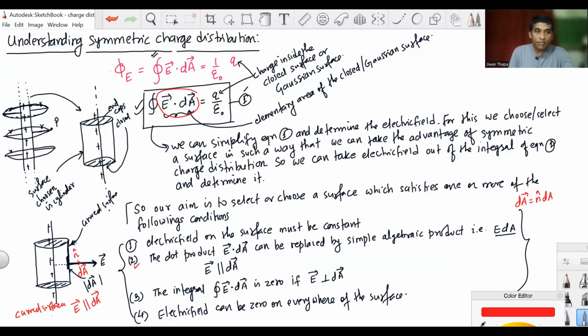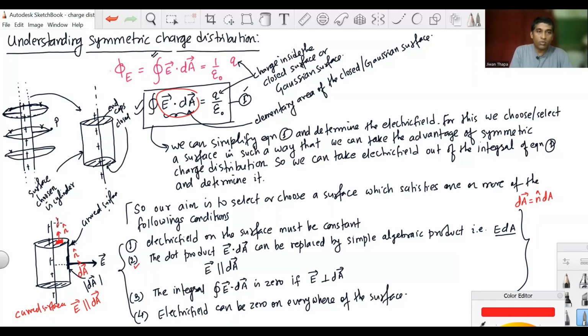Now let us come back to the end cap. Let us take a small area. Since this area is facing upward, we can draw a unit normal in upward direction.